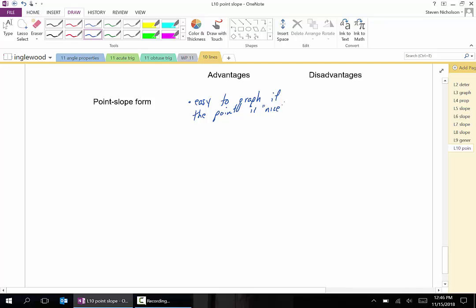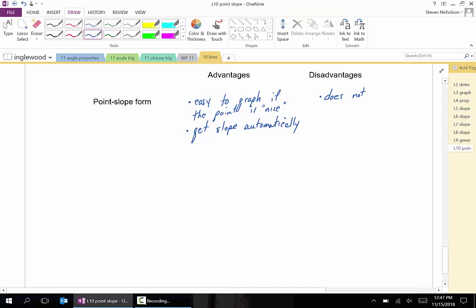Even for the other forms, maybe the y-intercept won't be nice, but you'll at least know one nice point. The other thing is you can get the slope automatically. Again, if you know what that number in front of the brackets represents, you can get the slope automatically.